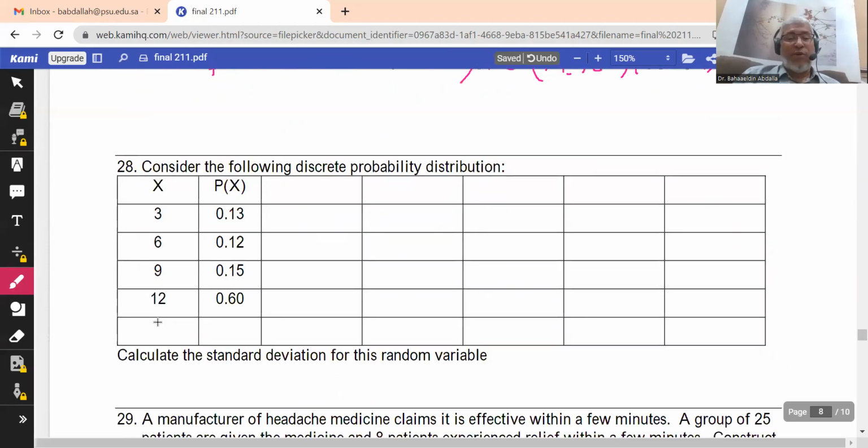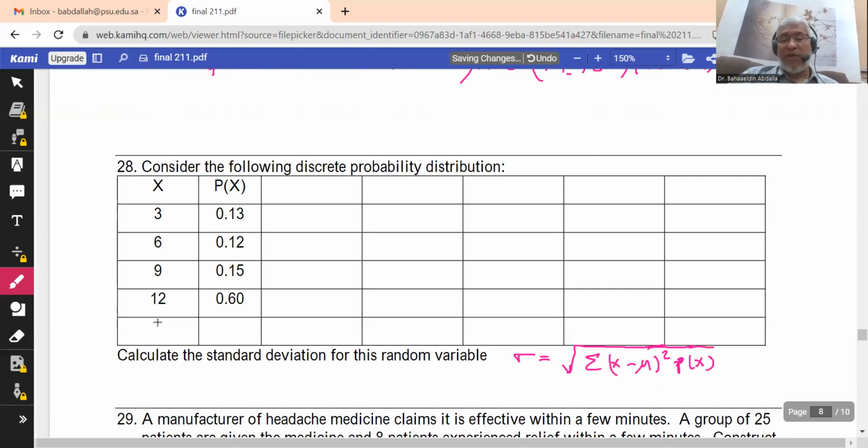This is a discrete probability distribution and we calculate the standard deviation. We know that the standard deviation has this formula: the square root of the summation of x minus mu squared times the probability of each x.